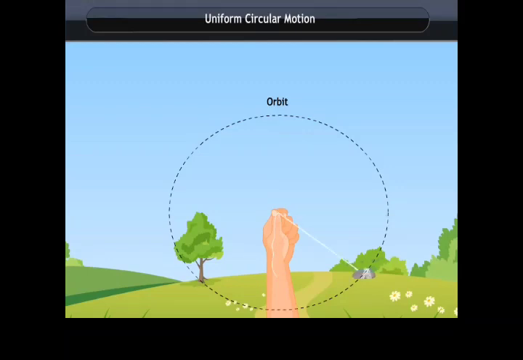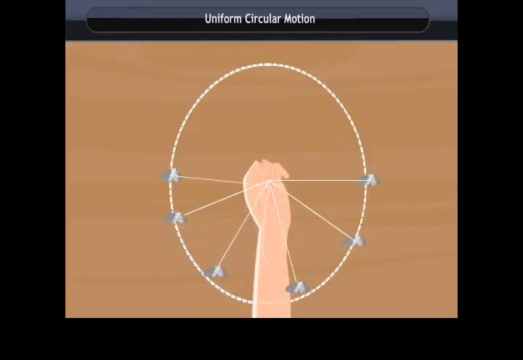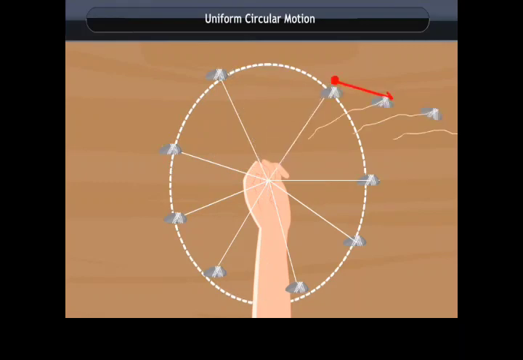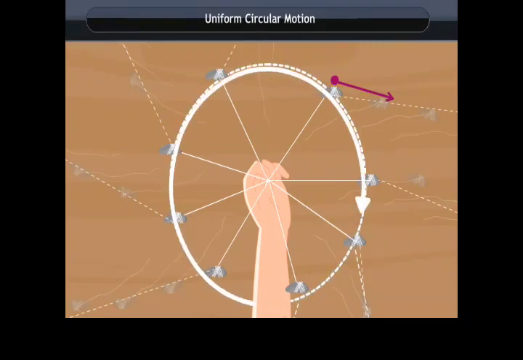To know the direction of velocity of stone at any point, release the stone at that point and observe the direction in which it goes. If this activity is carried out 4 or 5 times at different points, you will observe that the stone travelled in different directions every time. Direction of stone is a straight line and is along the tangent to the point of release.